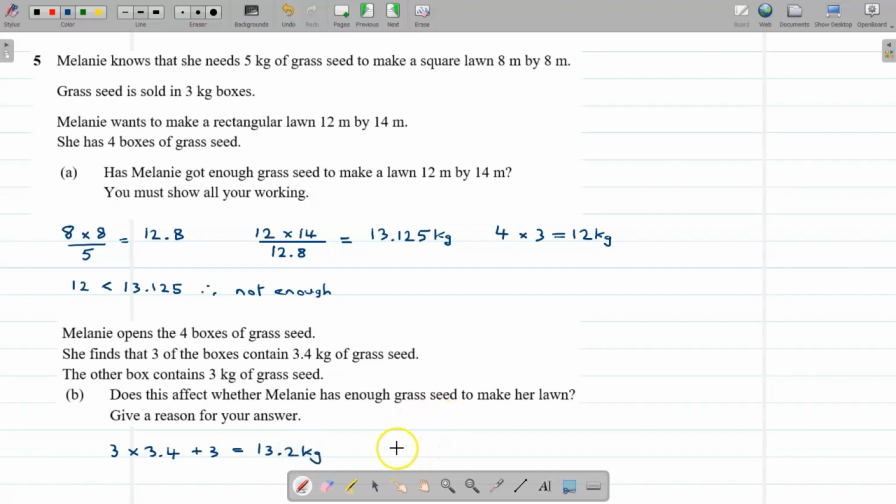So what I'm now going to say is that 13.2 is greater than 13.125, therefore now enough.